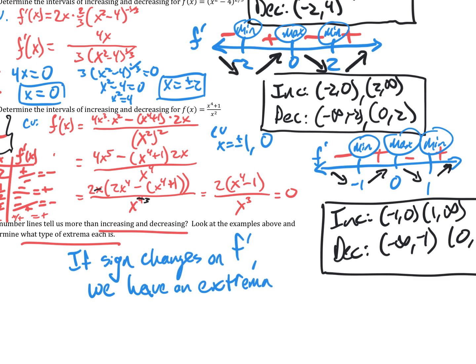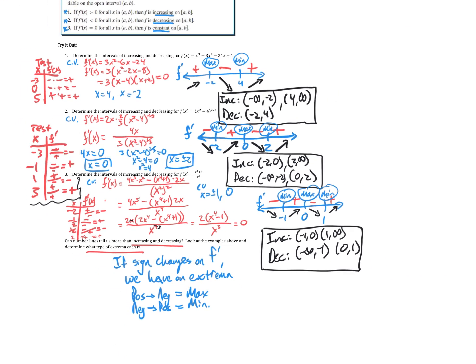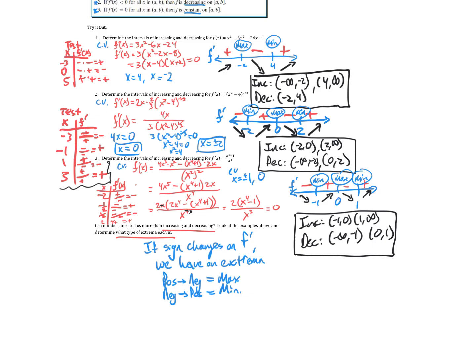Okay? All right. So if we go from positive to negative, this equals a maximum. If we're going from negative to positive, this equals a minimum. And this is what we call the first derivative test. All right? So we'll wrap it up with this.